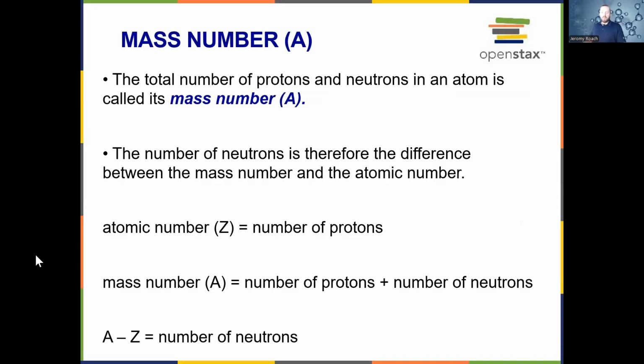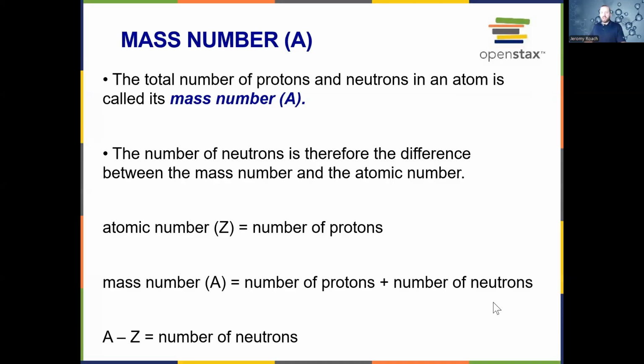The mass number, I believe I mentioned that while we were looking at the periodic table, but let's go over it one more time here. The total number of protons and neutrons is the mass number, and we call that A. The number of neutrons is the difference between mass number and atomic number. So atomic number Z is the number of protons, and we can find the mass number by adding protons plus neutrons.